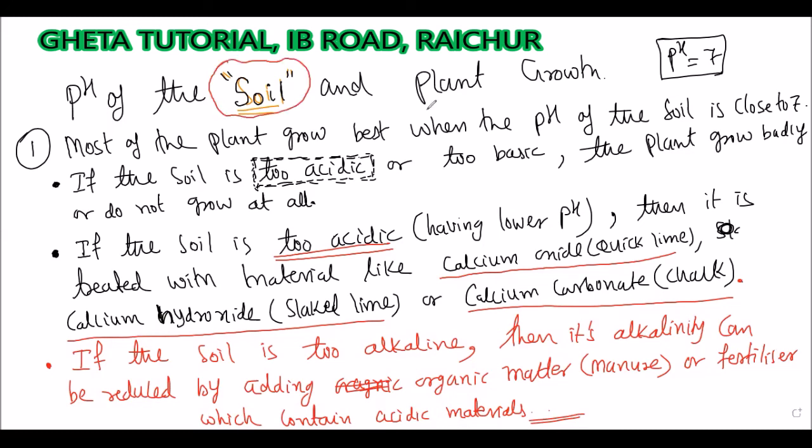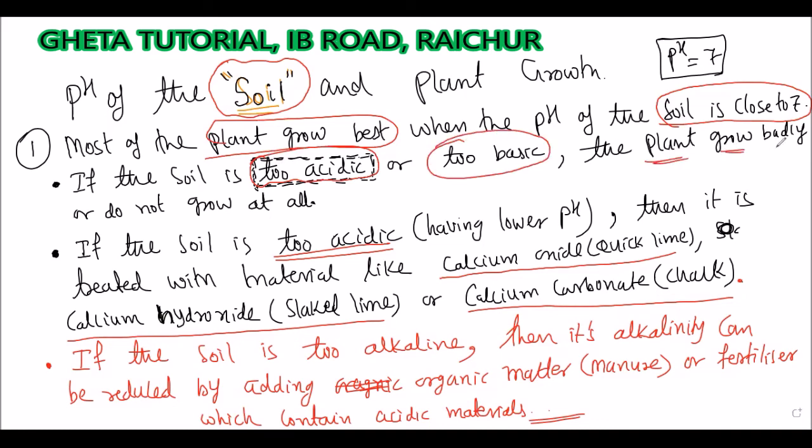The plant will grow best when the pH of the soil is close to 7. And if the soil is too acidic or too basic, then the plant will grow very badly, or we can say they will not grow at all.